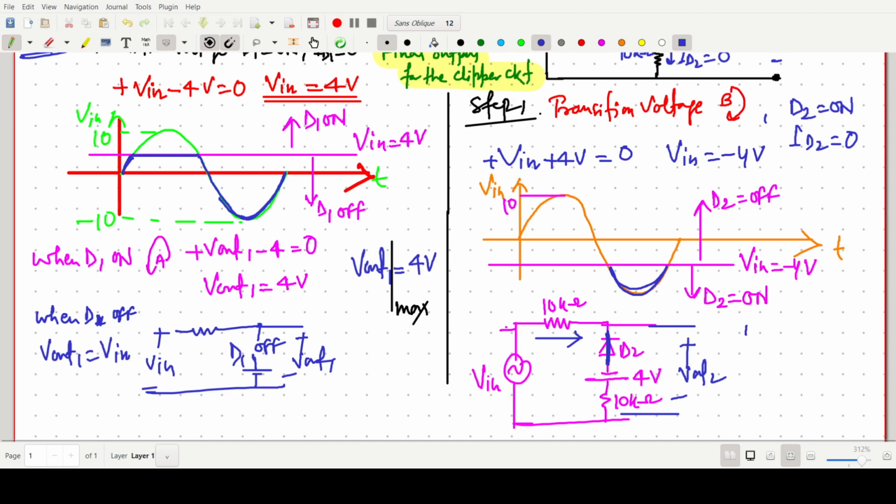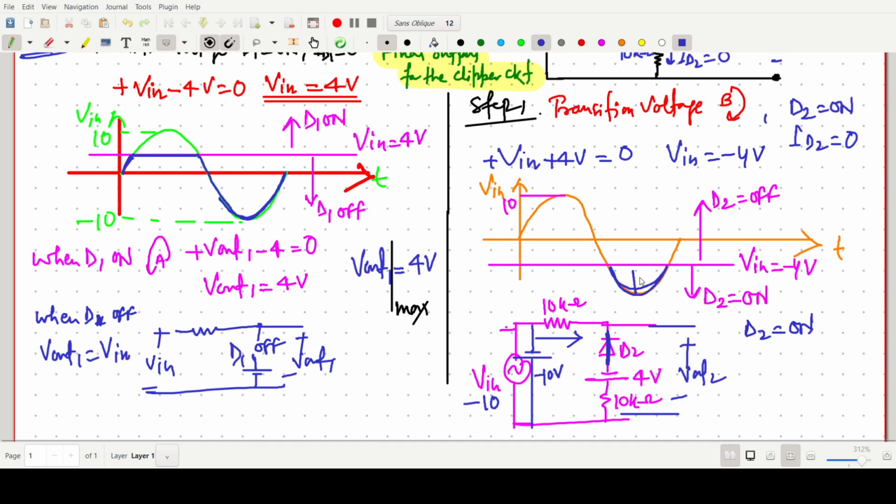When D2 is on, we are saying the maximum value will be minus 10, so better to say minimum.